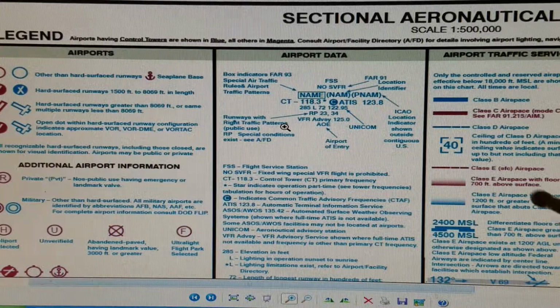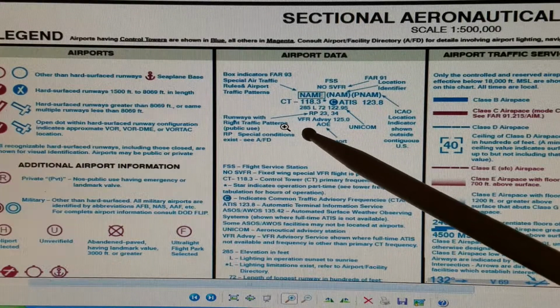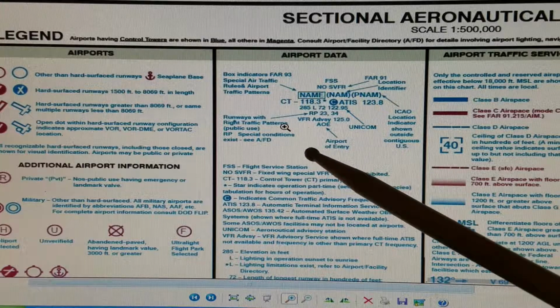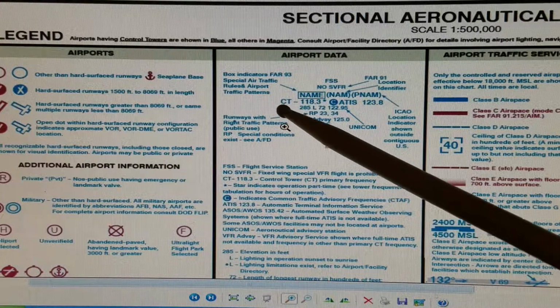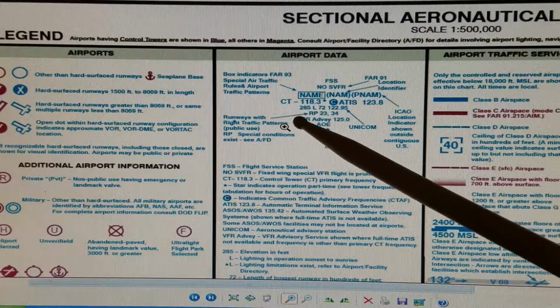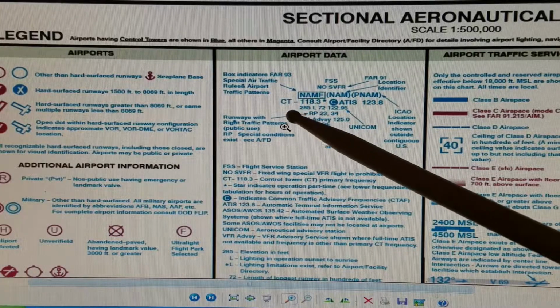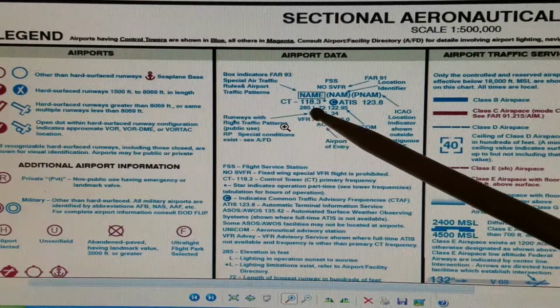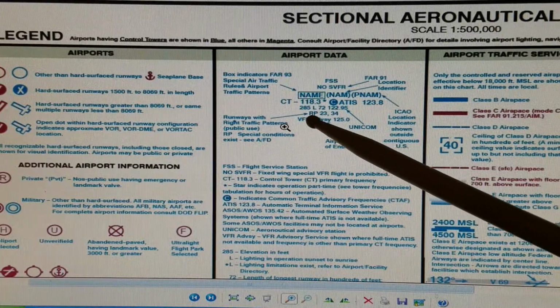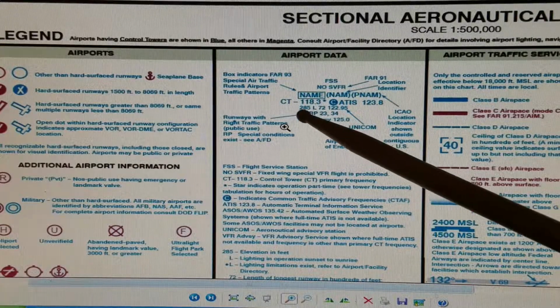There are a couple of things that at a glance I haven't seen coming on any questions, but now you see over here you see this 285, that is the elevation in feet of the airport, and this L in between is the lighting.